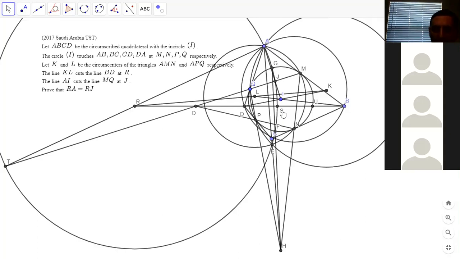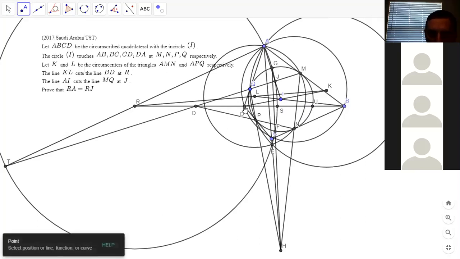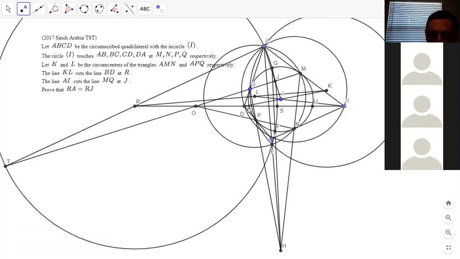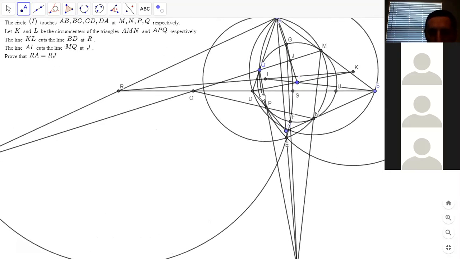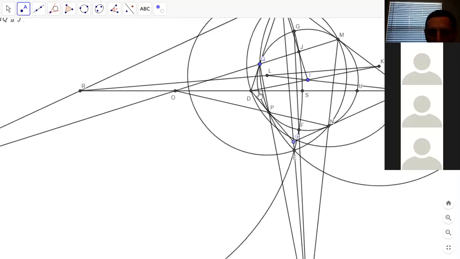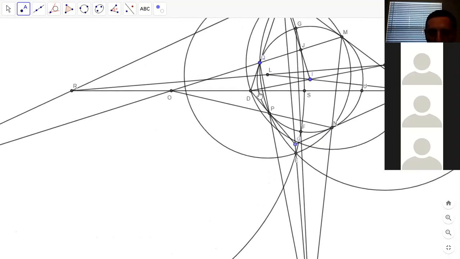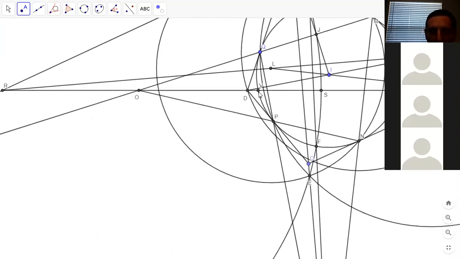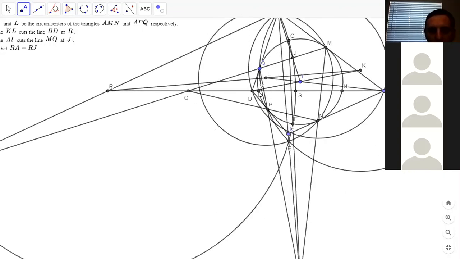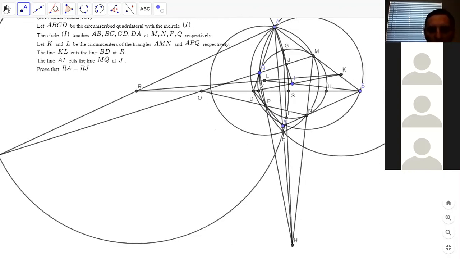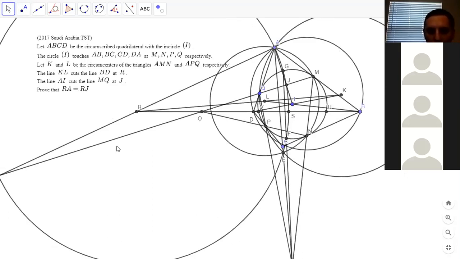So if we let BD meet the circle at U and let's say V, I'm going to have to zoom in to do that, but probably even more. There we go. So we want to show RS squared is RU times RV.